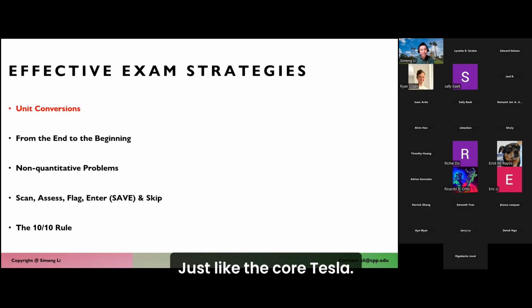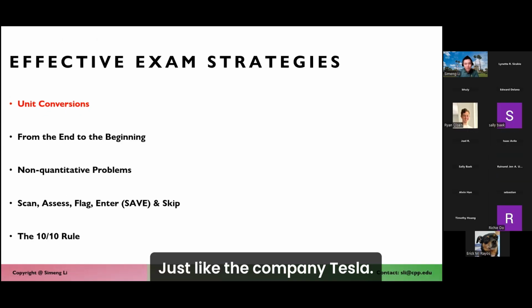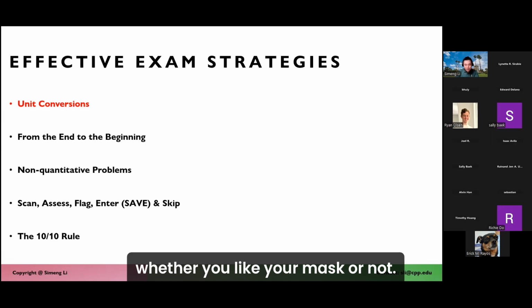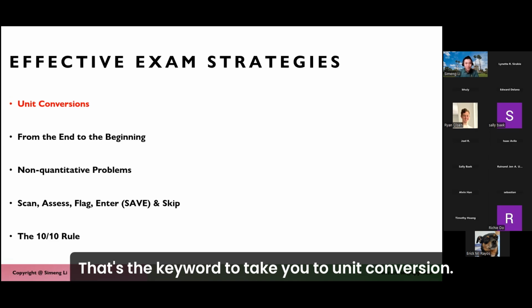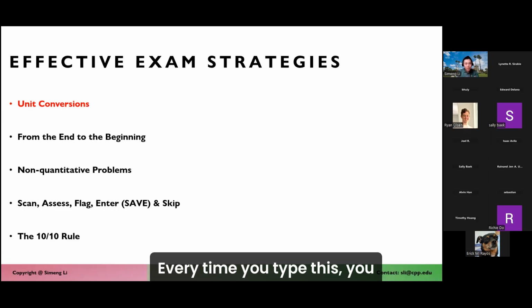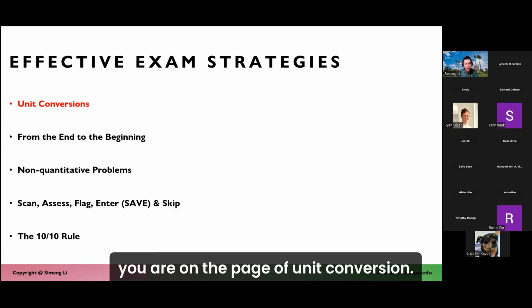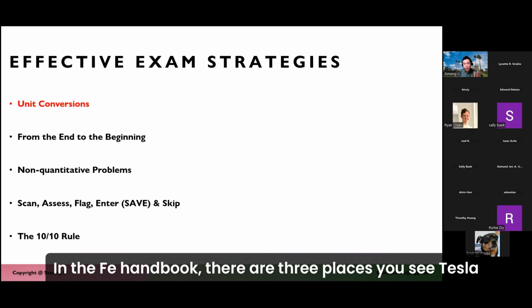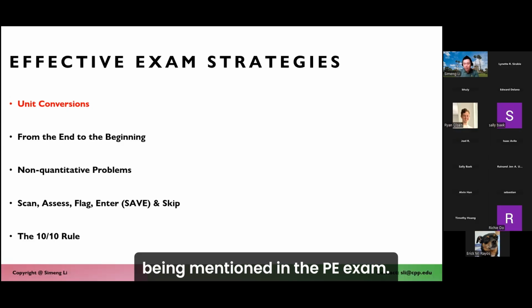Just like the car Tesla, just like the company Tesla. Whether you like Elon Musk or not, that's the keyword to take you to unit conversion. Every time you type this, you are on the page of unit conversion. In the FE handbook, there are 3 places you see Tesla being mentioned.